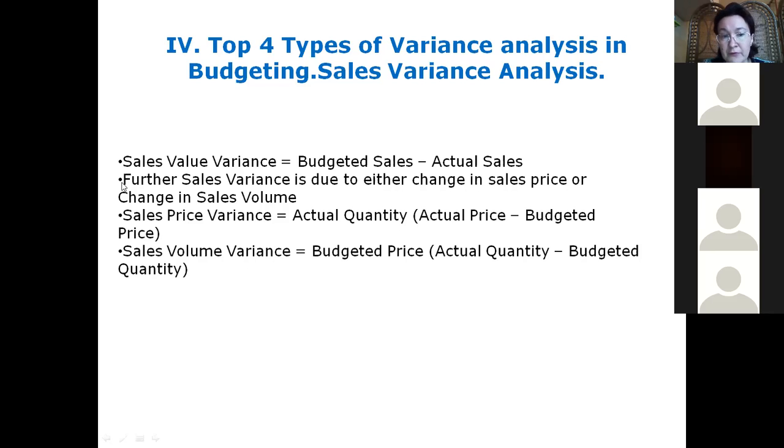In order to identify sales price variance, we can multiply actual quantity by the difference between the actual price and budgeted price. And in order to identify sales volume variance, we should multiply budgeted price by the difference between the actual quantity and budgeted quantity. And we will use this logic in our next tutorial, in order to train this sales variance analysis in practice.